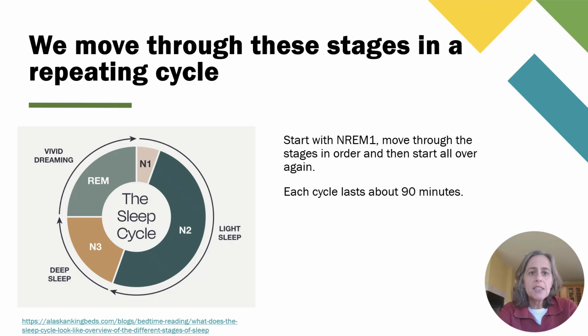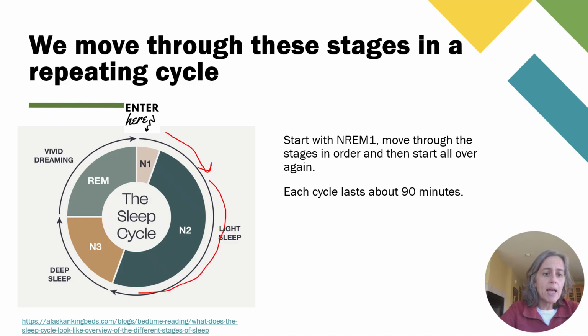So these different stages, we move through them sequentially in a cycle. So when we fall asleep, we start with non-REM sleep phase 1. And as you can see, we're in it for a small amount of time. And then as the night goes, we move into 2, right? This is we're kind of lightly asleep. And then we move into this deepest sleep.